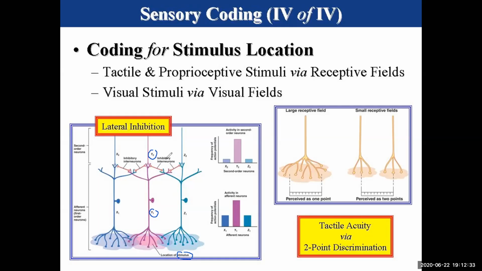And these inhibitory interneurons will basically induce Z1 to release less neurotransmitter, synapsing with Z2. Same thing here, inducing X1 to release less neurotransmitter into the synapse with X2.